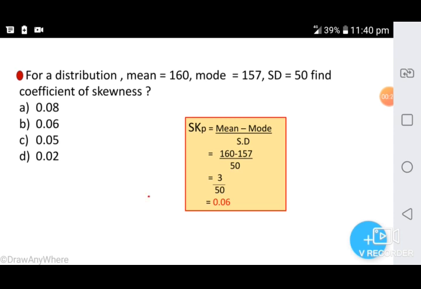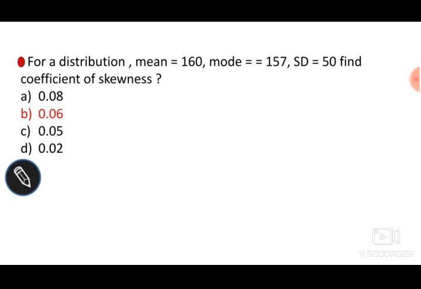The coefficient of skewness equals mean minus mode divided by standard deviation. Here the mean value 160, mode 157, divided by standard deviation 50. Therefore 3 divided by 50, answer 0.06. So option B is the correct answer.